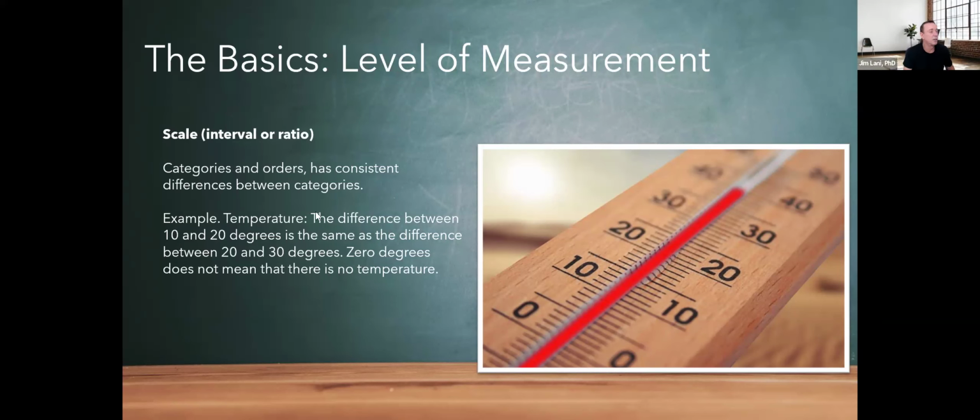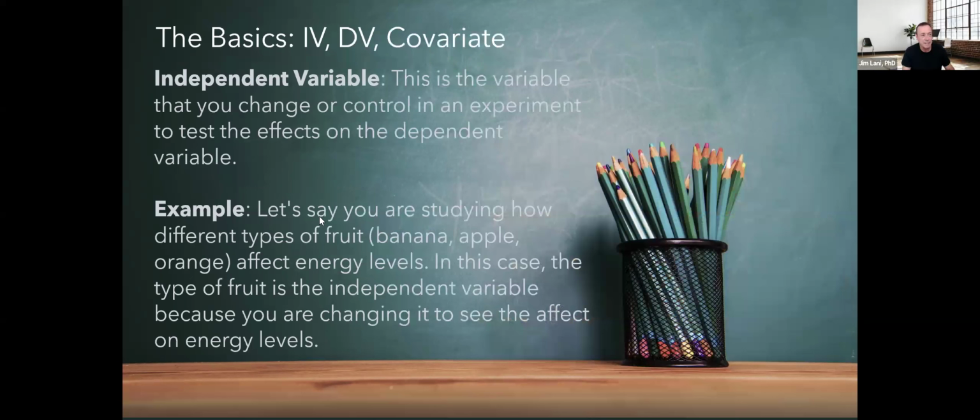Very good. So, all right, the next basic is the type of variable it is. Is it an independent variable, a dependent variable, or a covariate? Okay, so 3 types of variables. So what's an independent variable? This is often something that the researcher dictates.